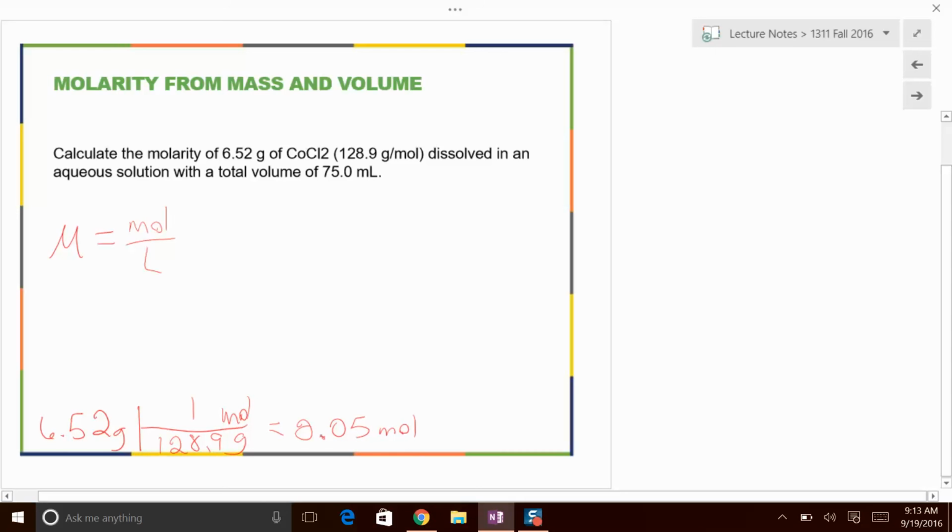So these are the moles. Okay. They didn't give me the liters directly. They gave me the milliliters, but I can easily convert the milliliters to liters. So this is 0.05 moles divided by how many liters? 0.075 liters.